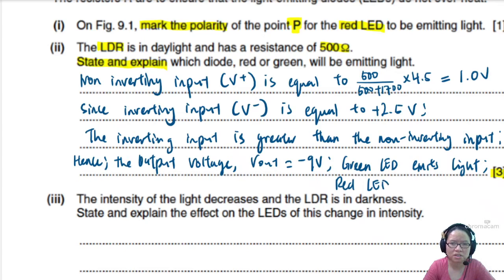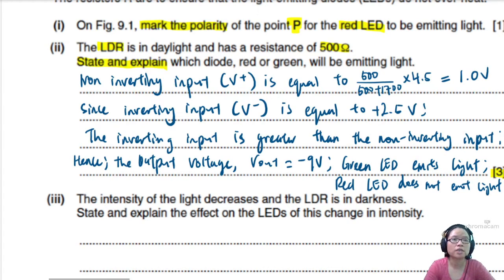Of course, there was this year where you never say if the red one emits light and the other one does not emit light. It's a bit sus, they will minus your mark. So you just say the red LED does not emit light.